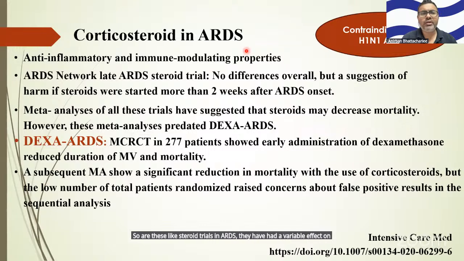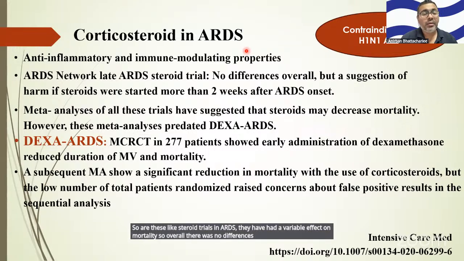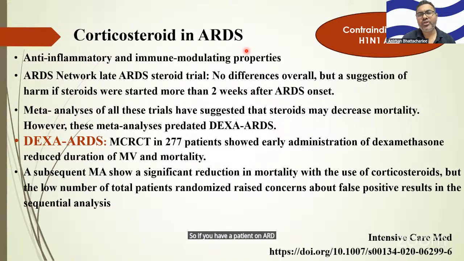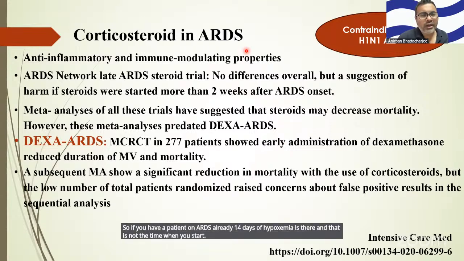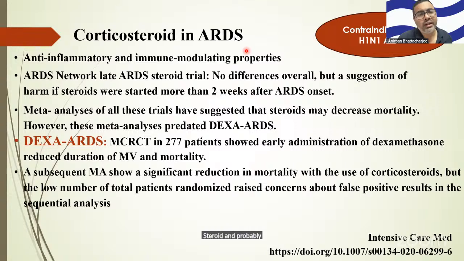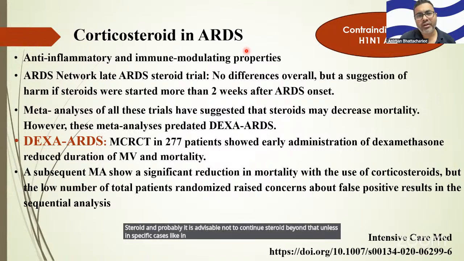Overall, there were no differences. However, one thing is for sure, that we should not start steroid late. If you have a patient with ARDS and already 14 days of hypoxemia, that is not the time when you start steroid, and probably it is advisable not to continue steroid beyond that, unless in specific cases like COVID, where we had to give steroid because of differences in pathophysiology.